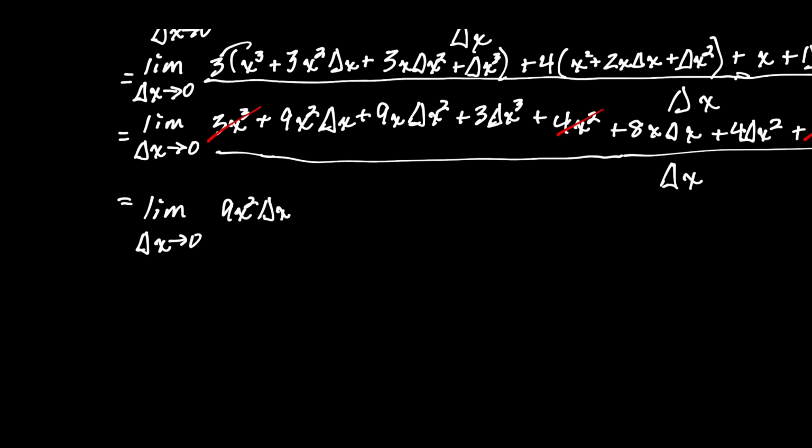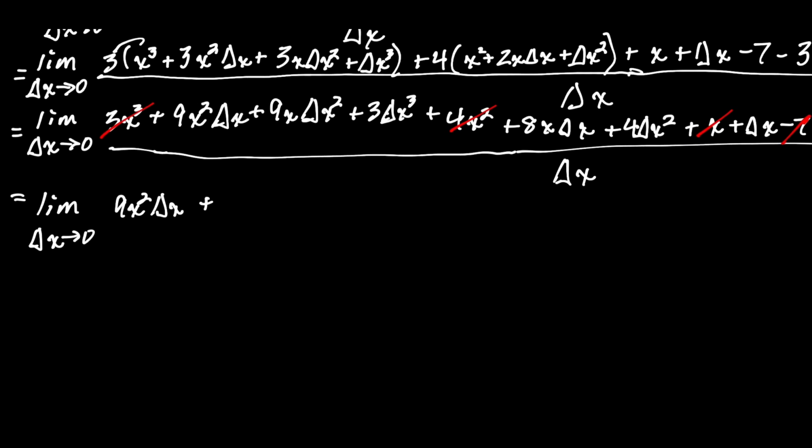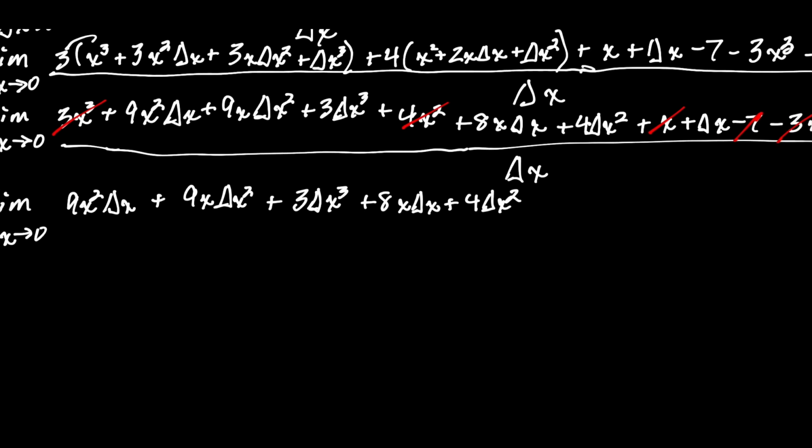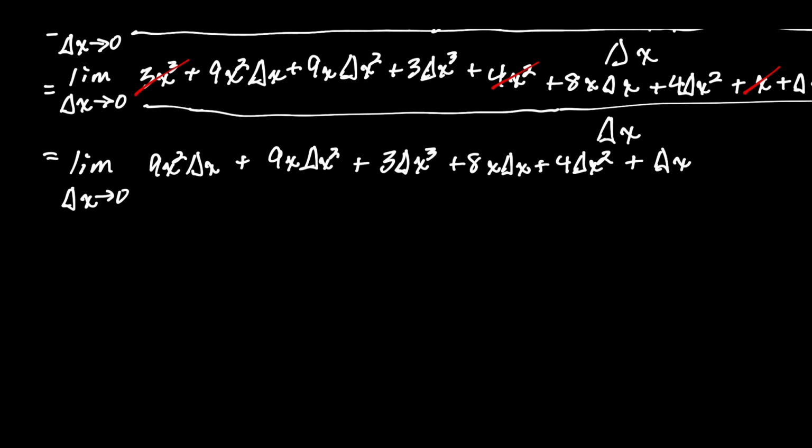We should only have delta x things left because we're going to factor it out. Plus 9x delta x squared plus 3 delta x cubed plus 8x delta x plus 4 delta x squared, and there's one more, plus delta x. And this is all over delta x.